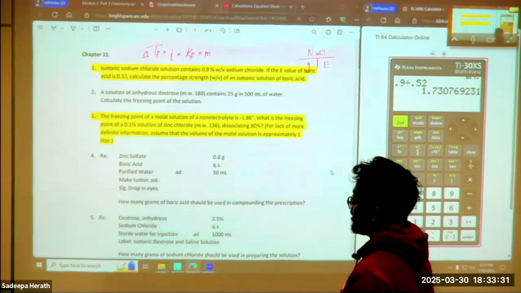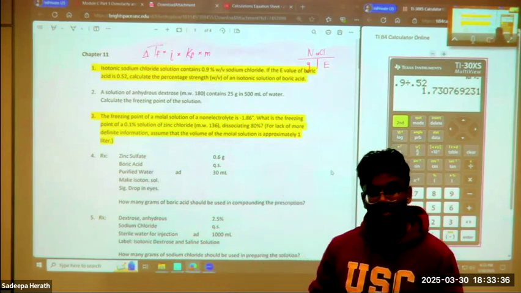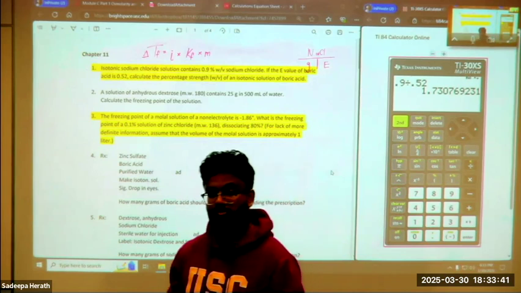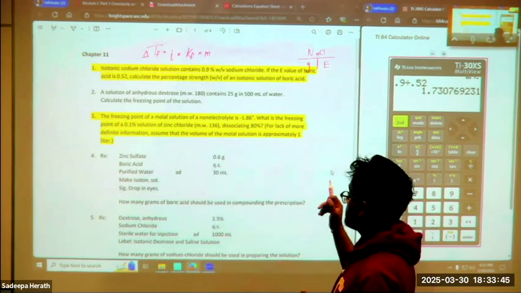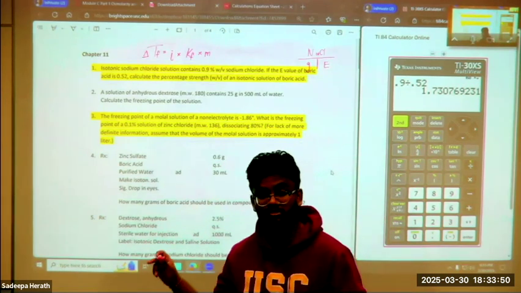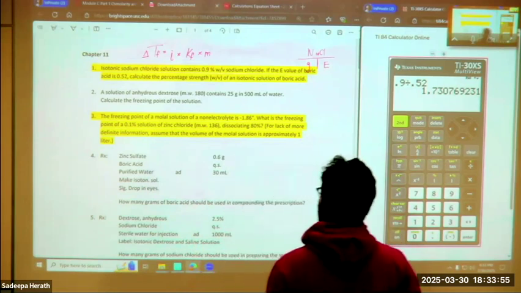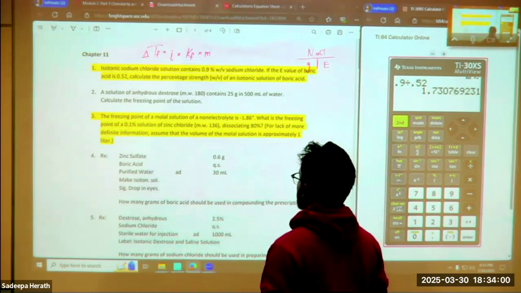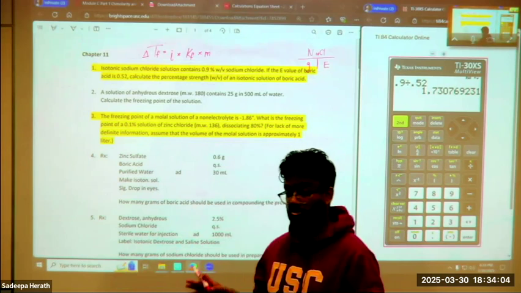And then M is molality. The units for that are moles per kilogram. Molality is used to cancel out the units for the constant, the depression constant. Not the constantly depressed, but the depression constant. A bad joke. Anyways, we need to solve for these and then multiply together to get our freezing point.